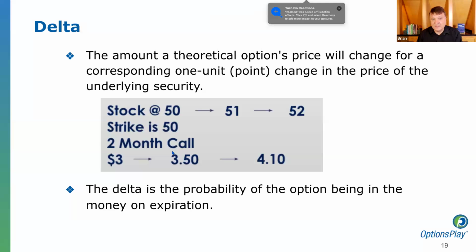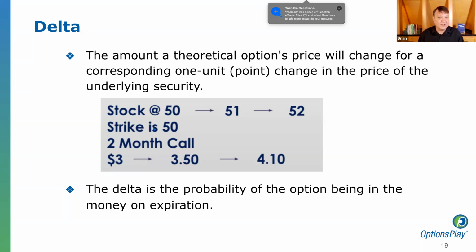Put a number in your head. It's 50. You can't get more 50-50 than that. If it makes one little tick to the upside, it's in. It makes one little tick to the downside, 1 cent, it's out. You have a very 50-50 chance of being in the money on expiration.